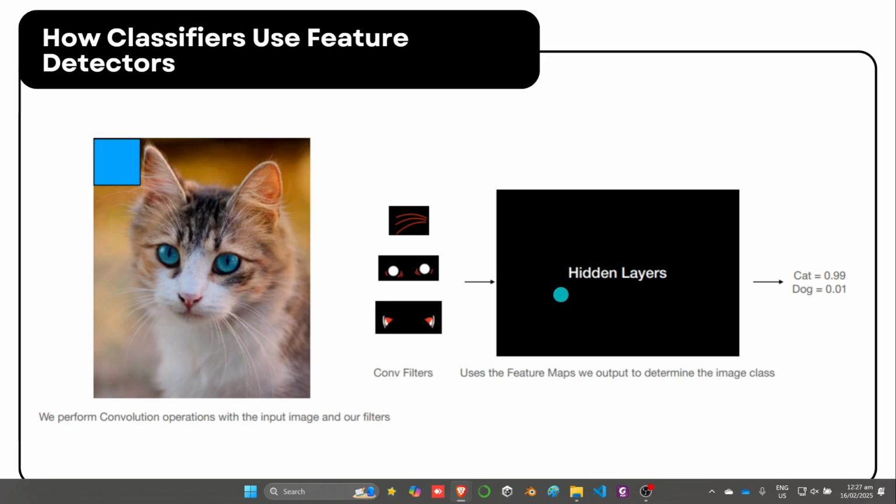There's a lot more to CNN, so don't worry. But for now, just think of it that the hidden layers will take these features and it's like a decision tree. If this is, then it's a cat. If not, it's a dog, or whatever class it's trained to recognize.